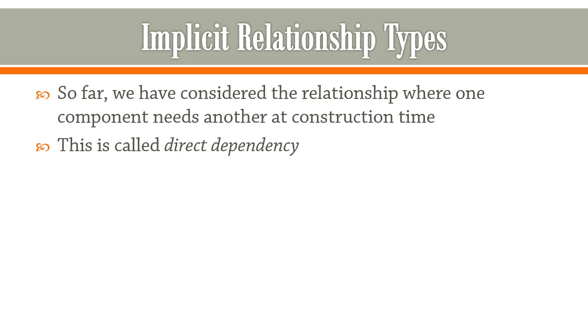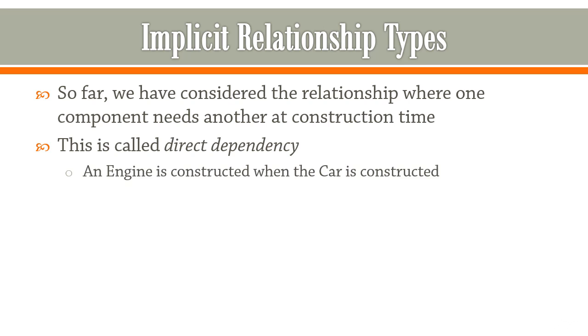So in this case, for example, the car has a direct dependency on the engine, which means as the car's constructor gets invoked, its constructor argument is a newly created engine, which is okay. They're made at the same time, so to speak. But this isn't the only way, because certainly you can write a car which takes an engine.